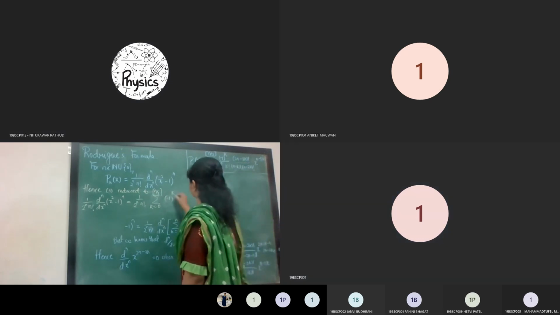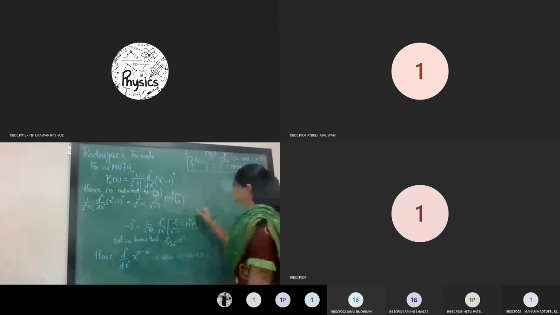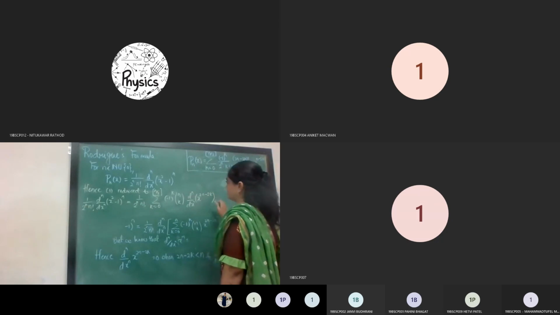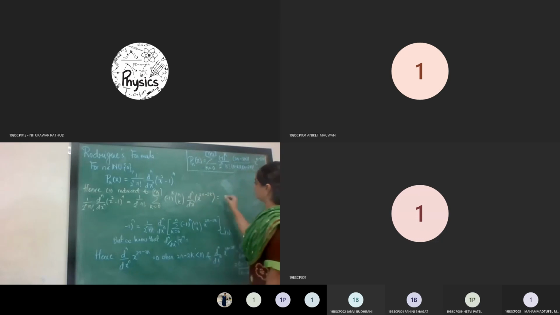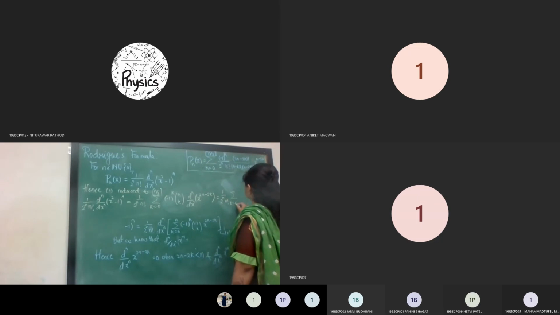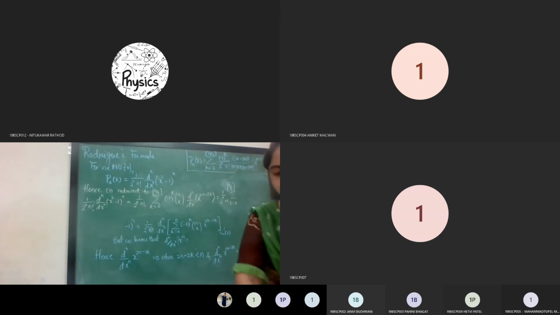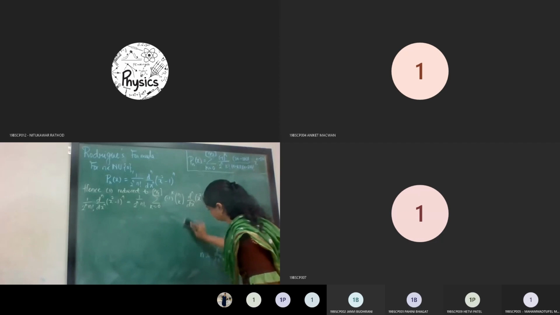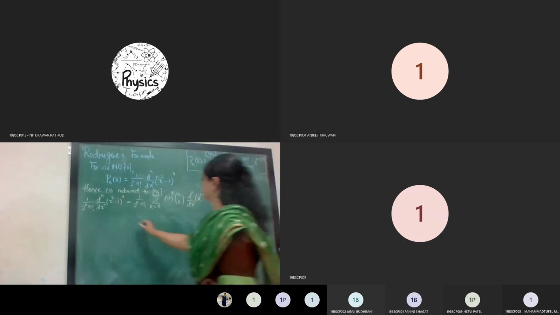So this is minus 1 raised to k nCk, nth order derivative of x raised to 2n minus 2k. And this is what we have found. Let me write it below so that you can see it well.